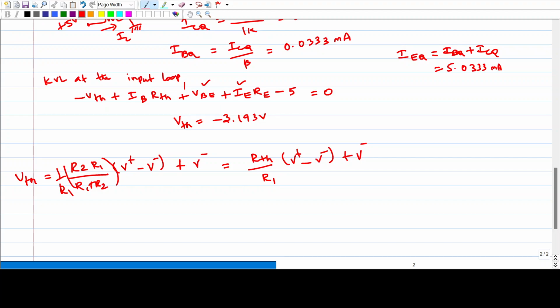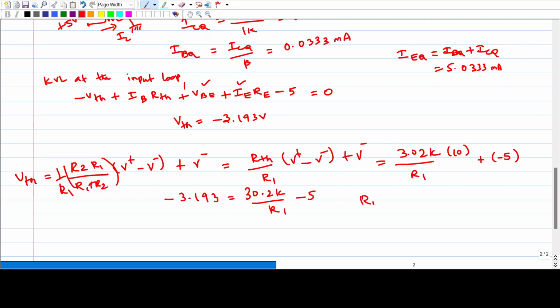VTH we got as minus 3.193 volt, that is equal to RTH, which is 3.02 kilo ohm, divided by R1, times V plus is 5 volt, V minus is minus 5. So 5 minus of minus 5 is 10, plus minus 5. So minus 3.193 is equal to 30.2K divided by R1 minus 5. Solving this equation, you will get R1 equal to 16.712 kilo ohm.